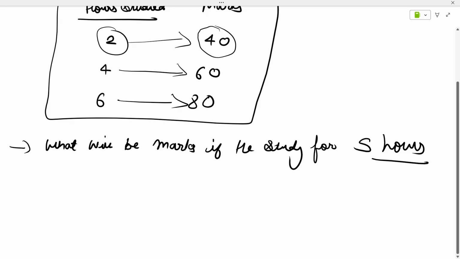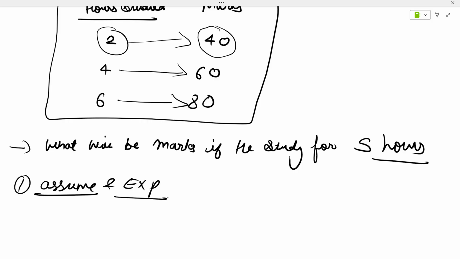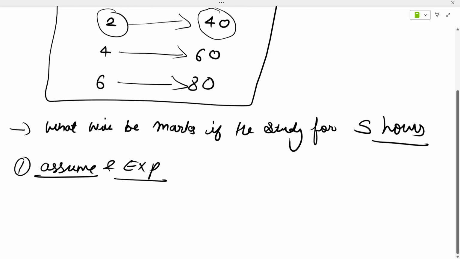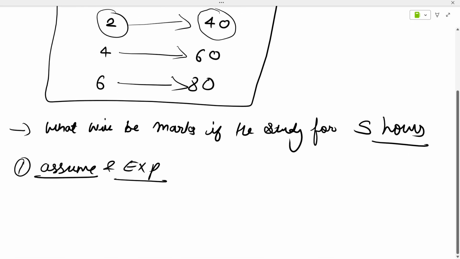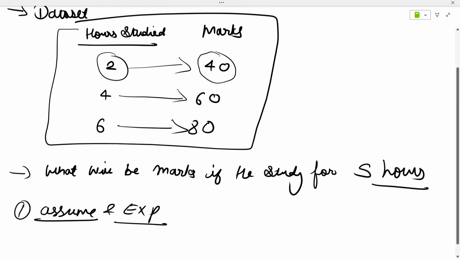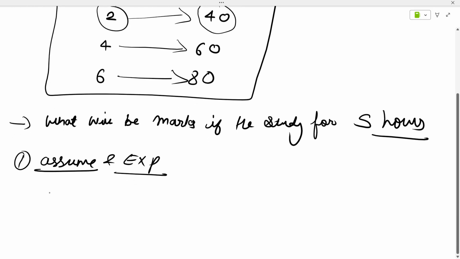In machine learning, it is always assumption and experimentation. First you assume something, then you experiment and try to prove it. So let's say this problem is a linear problem, and you form a linear equation y equals mx plus c.